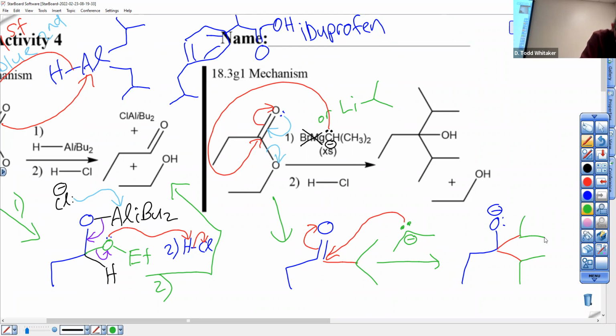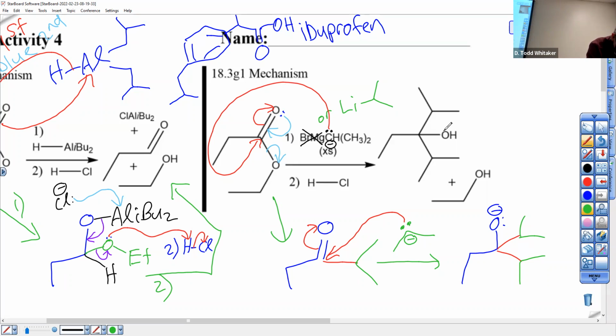So yeah, if you want two new identical groups on a carbonyl, start with an ester, hit it with an excess of organolithium or Grignard. And then you'll end up with an alcohol, that's our goal, an alcohol that's got two identical R groups on it that weren't there before. We're calling this synthesis. This is great. We love synthesis, right? Well, we pretend to because we know it's important to Dr. Whitaker.